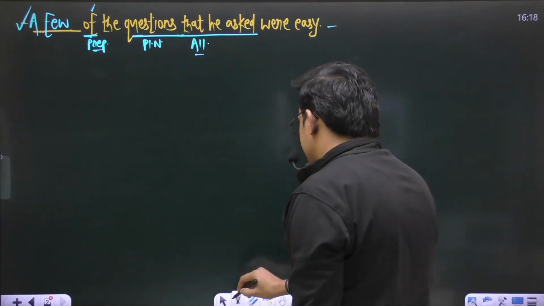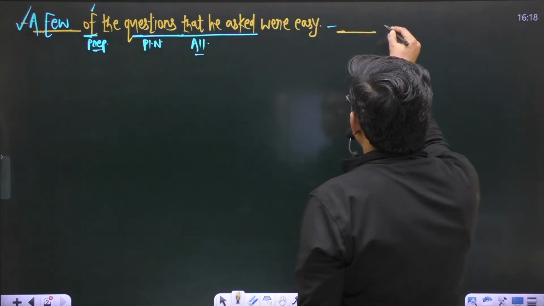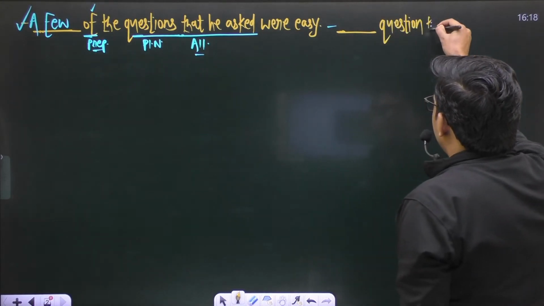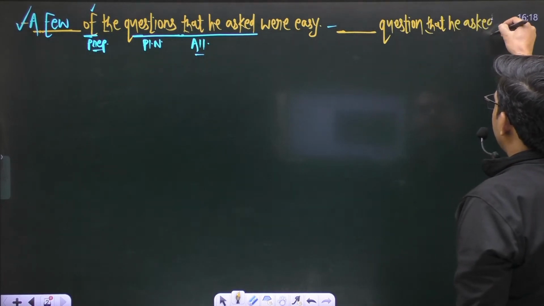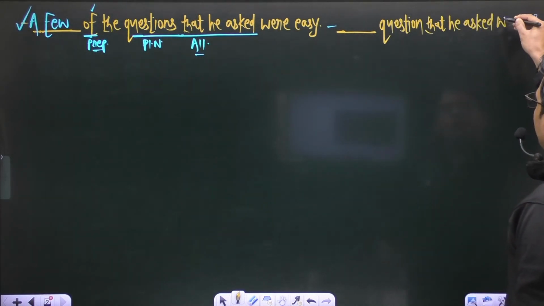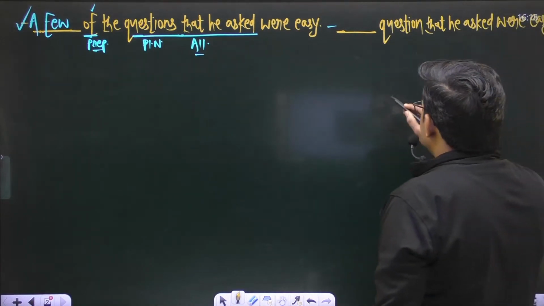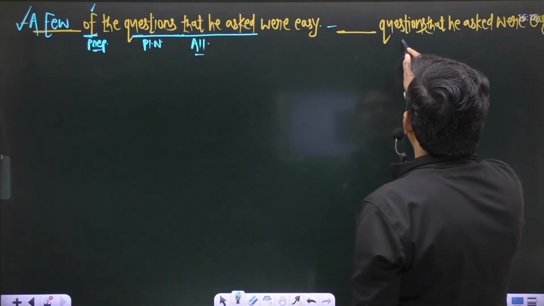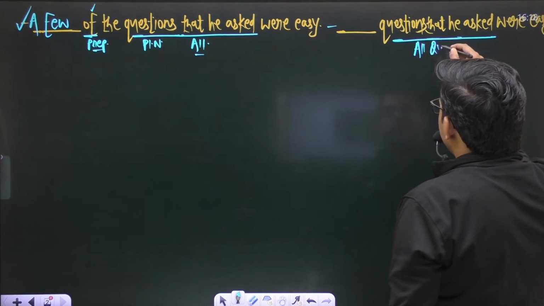And if you have a sentence like "blank questions that he asked were easy", we are talking about all the questions.